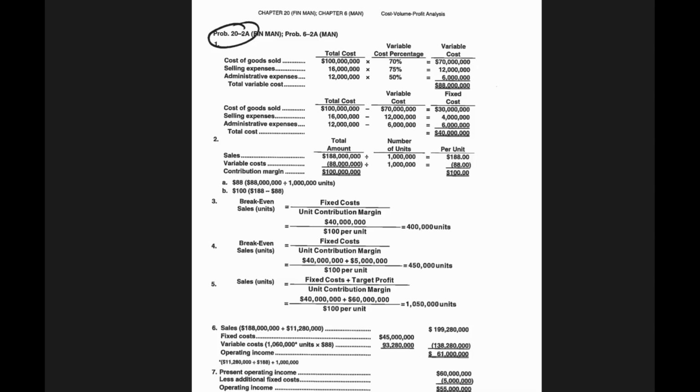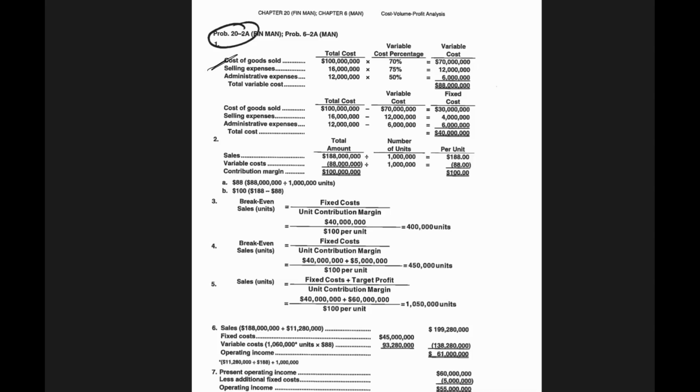Number 1, determine the total variable cost and total fixed costs for the year. And if you look above, you can see what the variable costs are. Well, in that small income statement or operating income details, cost of goods sold, of course, is an item on there. And then there's selling and administrative.